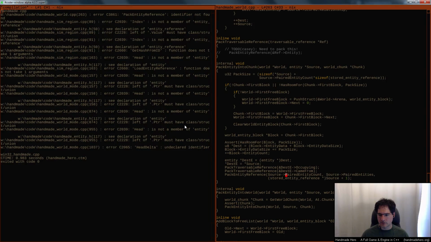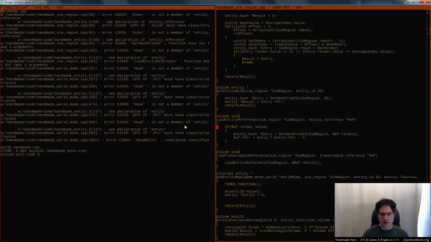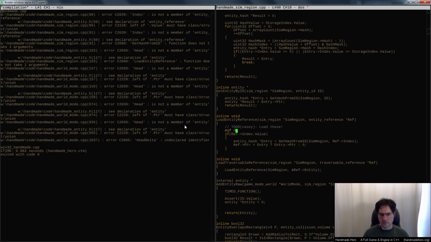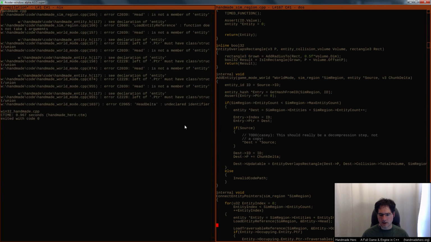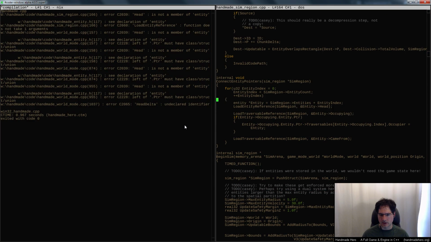Paired entity count, paired entities, identifier not found, pack entity reference array. We have our load entity reference. And then we have our head happening here.